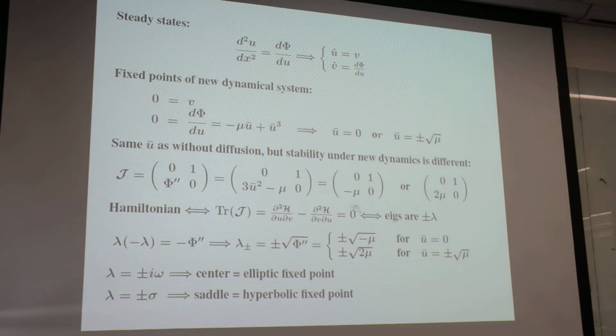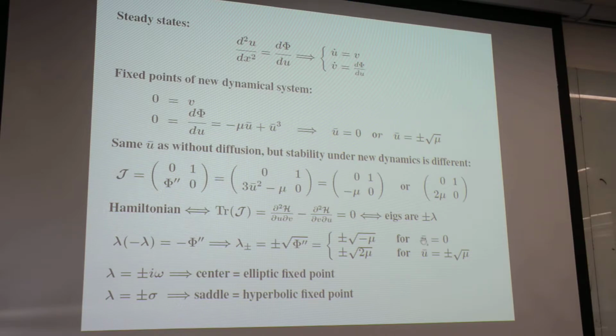Let me just go through it. The product of the eigenvalues is either mu or minus 2 mu. The product of the eigenvalues is minus the square of lambda, and either you get plus or minus square root of minus mu in this case, or you get plus or minus square root of 2 mu for that case. There.